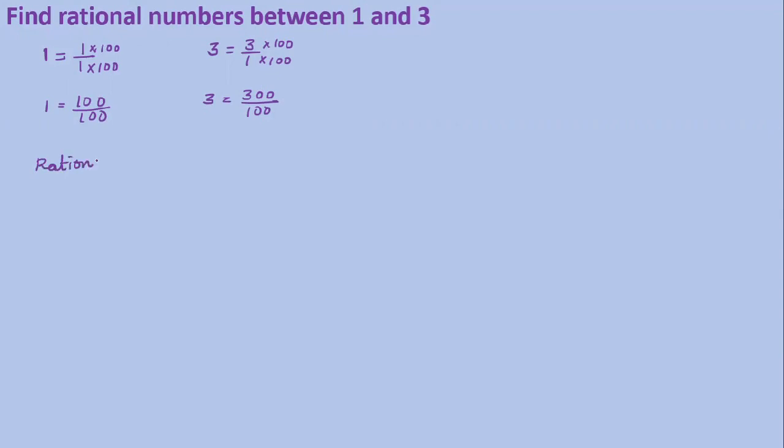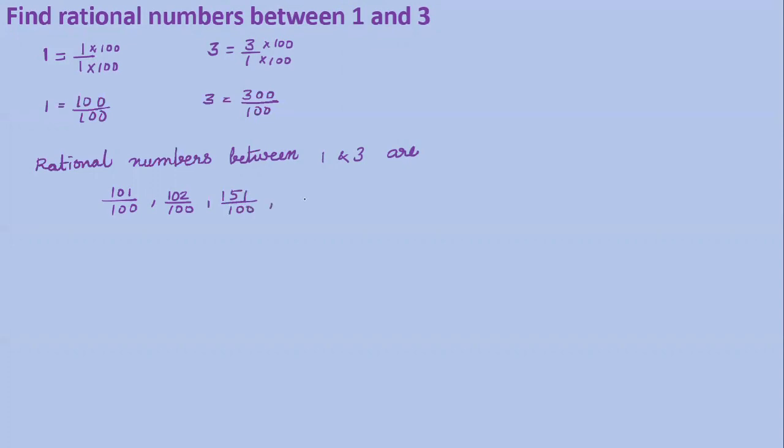So now we can write rational numbers between 1 and 3. They are 101 by 100, 102 by 100, 151 by 100.